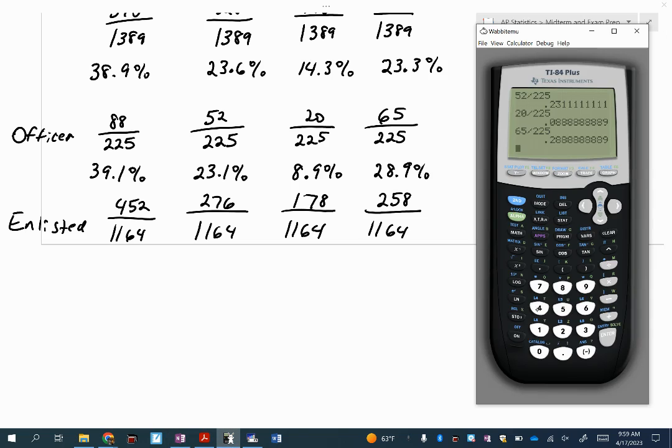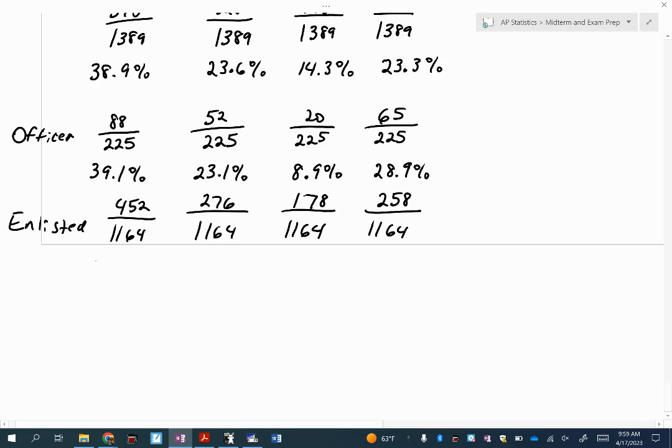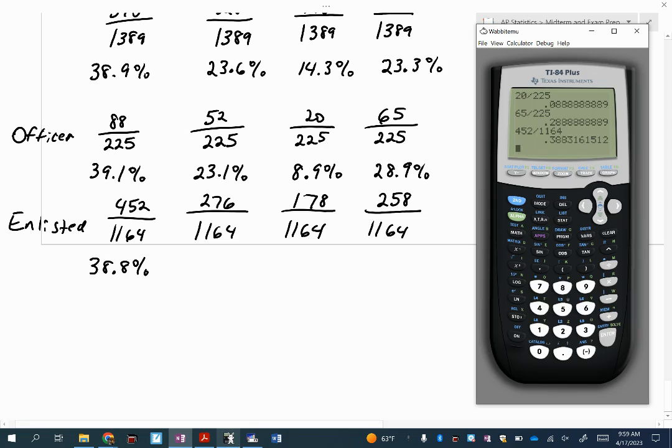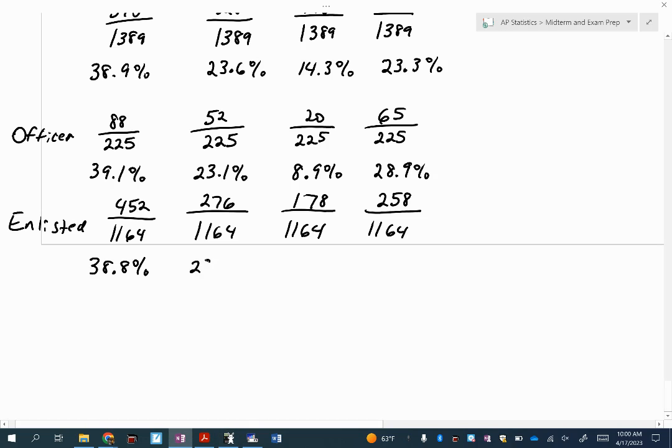Let's calculate these. 0.388, so 38.8. Again, what do you notice about that one? Is that pretty close? It's almost identical. I'm guessing this one's going to be pretty close to 23.7. Yep.